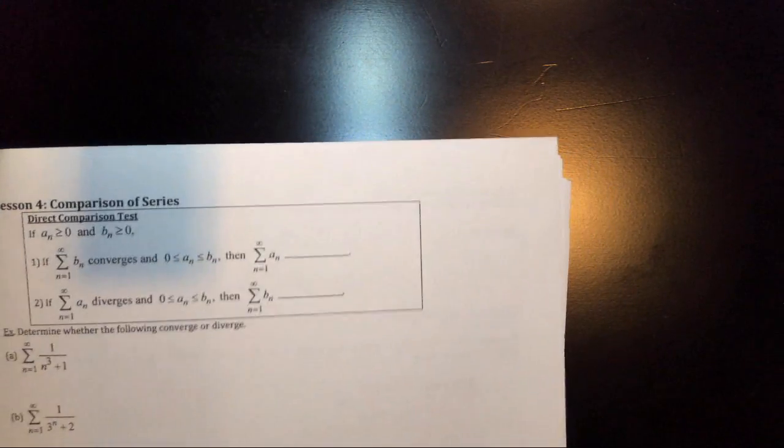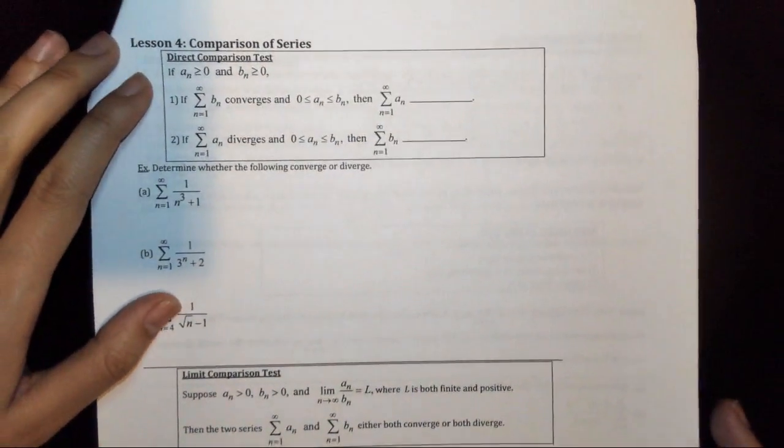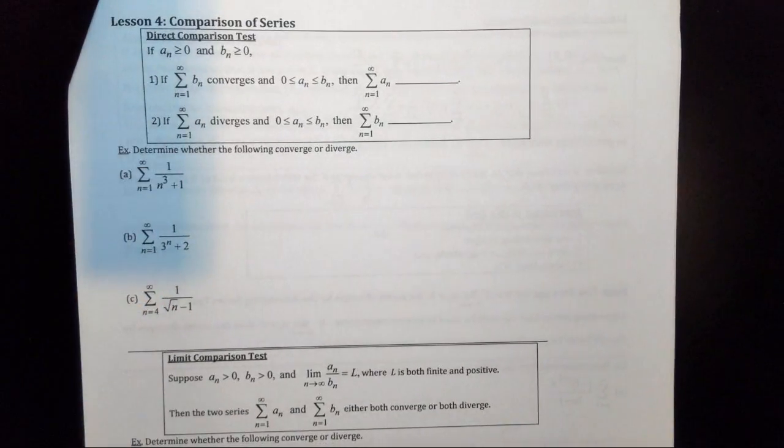All right, we're going to do the comparison tests in this video too, just so that I can get them done. The direct comparison test is the first comparison test that we're going to learn.